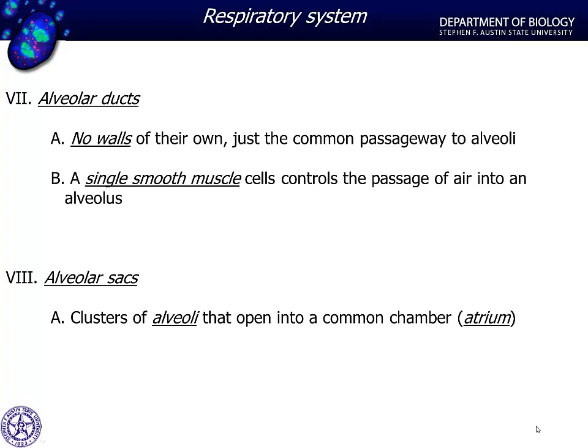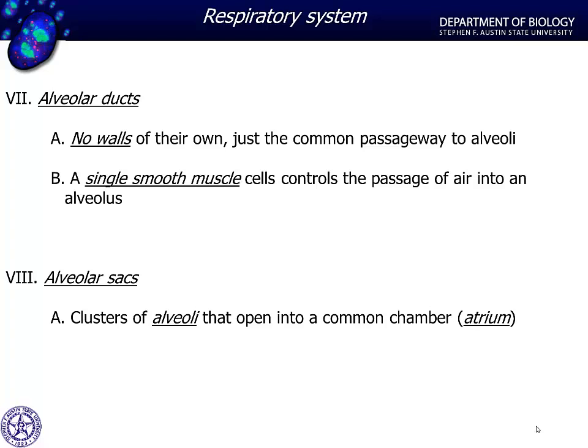Now as we get to the end of our passageway, we began our external respiration in the respiratory bronchioles. Now we move into what are referred to as alveolar ducts. These only exist as structures because they are a common passageway to get to the alveoli. So if you stack all these alveoli together and create a tunnel within the middle of them, that's an alveolar duct.